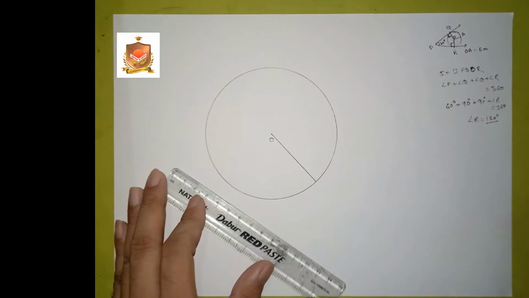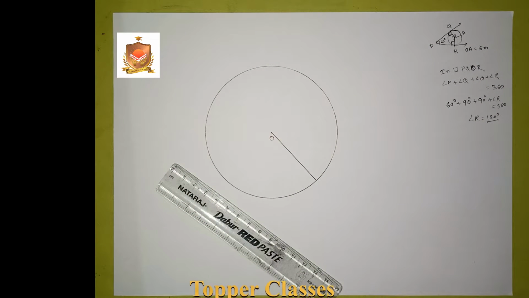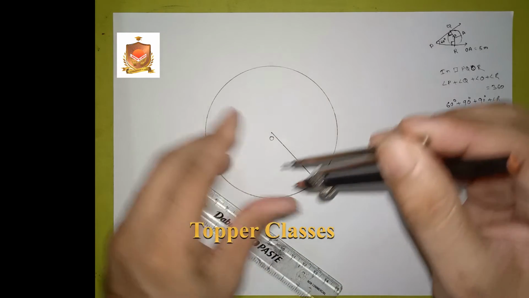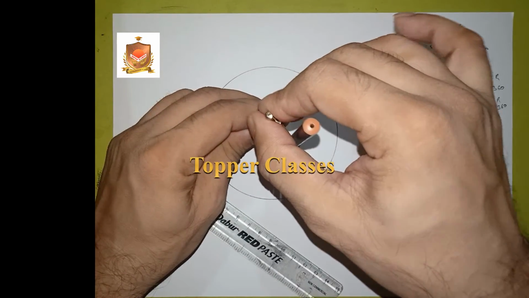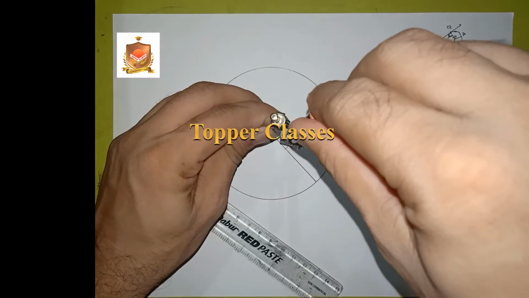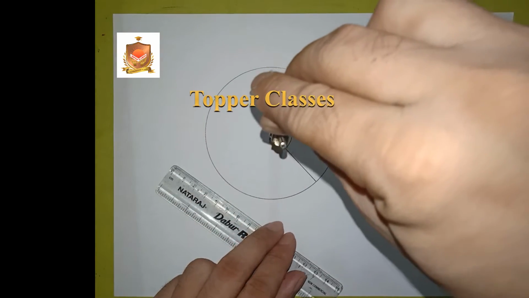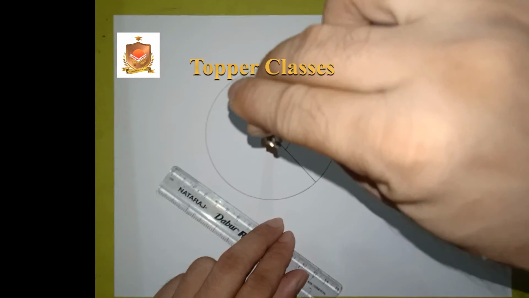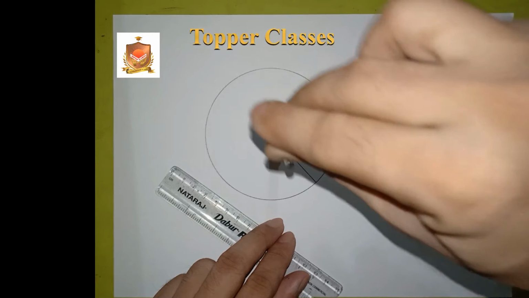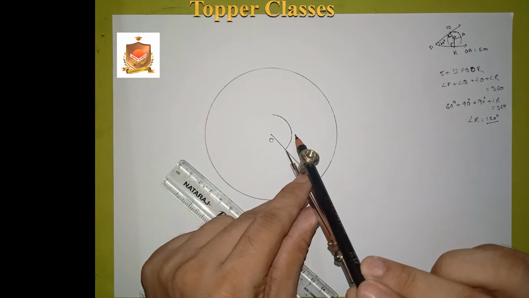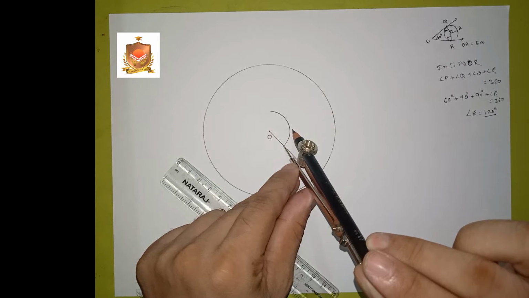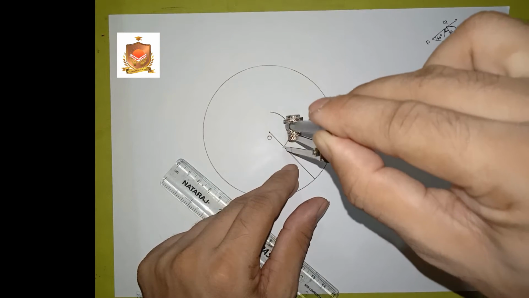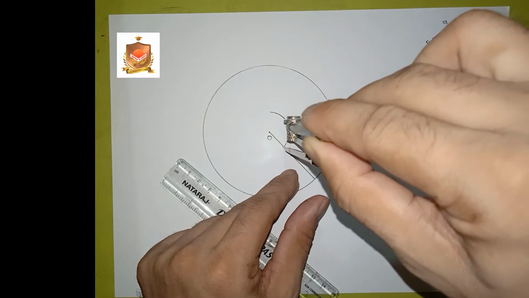Now here we have to make the angle of 120 degrees and draw another radius. So for making a 120 degree angle, we know, keep your metallic pointer at O, draw one arc, then keep it on point O and intersect the first arc.